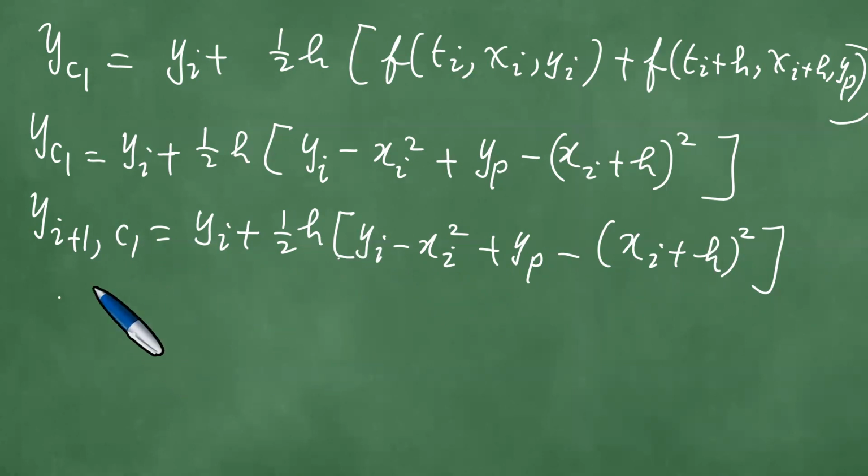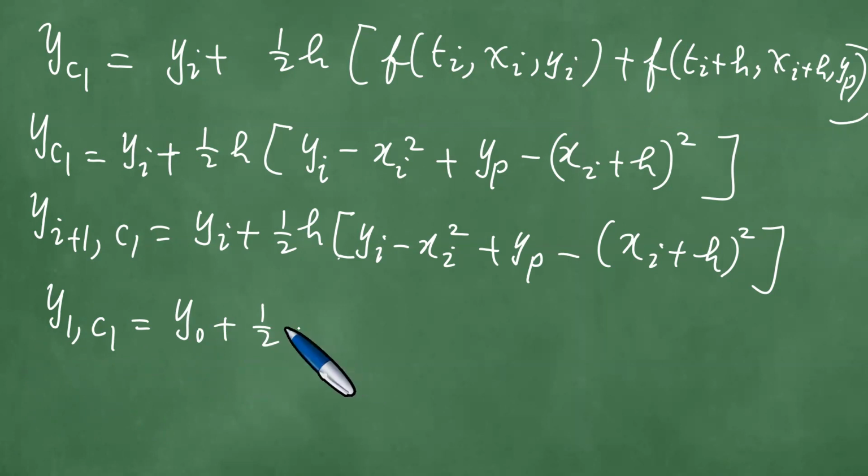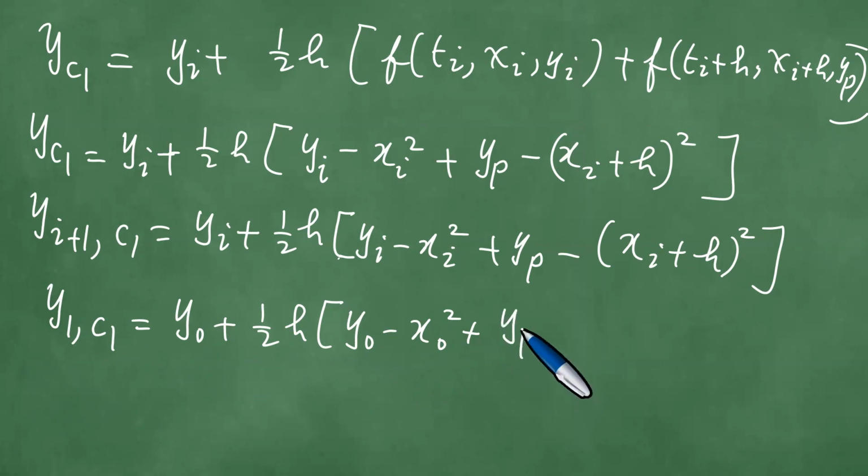Right, so now we're getting y1 because we have y0. Y1 corrector, which means y first corrector, is y0 plus half h, and then it is y0 minus x0 squared plus yp minus x0 plus h squared.